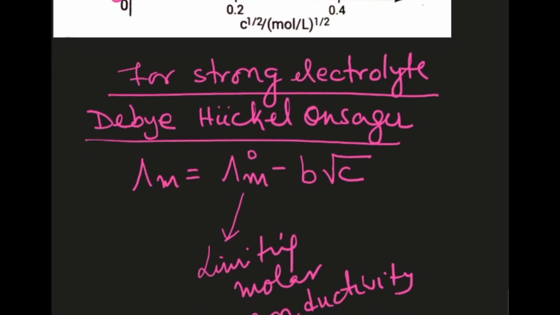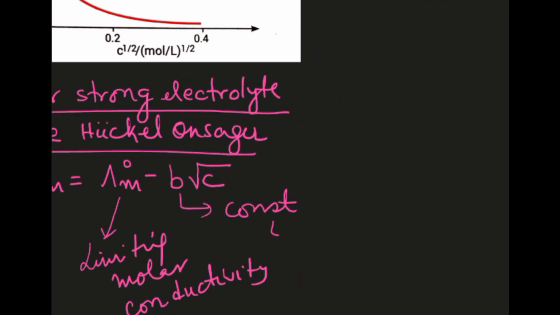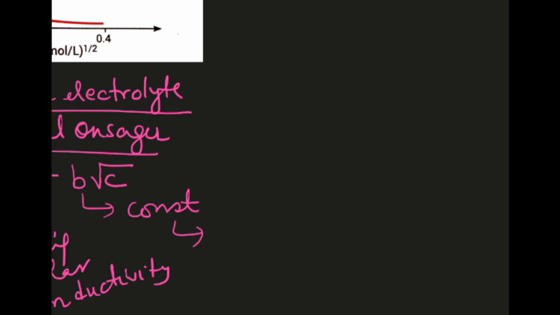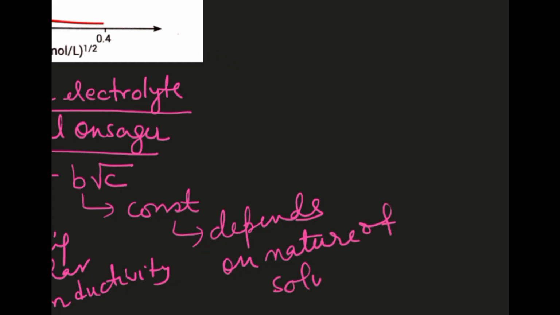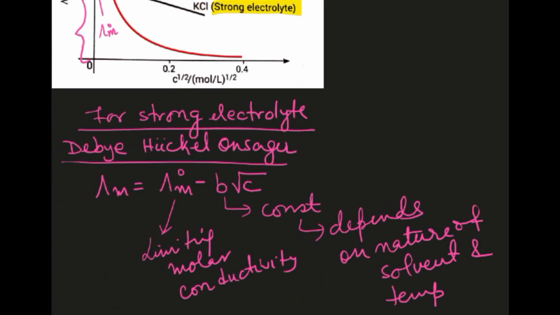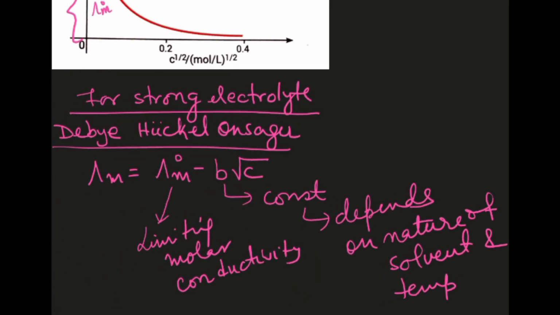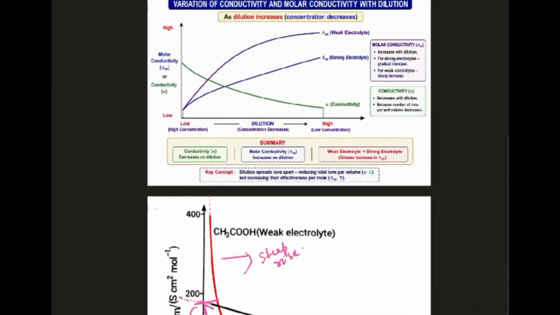B is a constant that depends on nature of solvent and temperature. Root c is the molar concentration factor. So this is the Debye-Huckel Onsager equation for strong electrolyte.